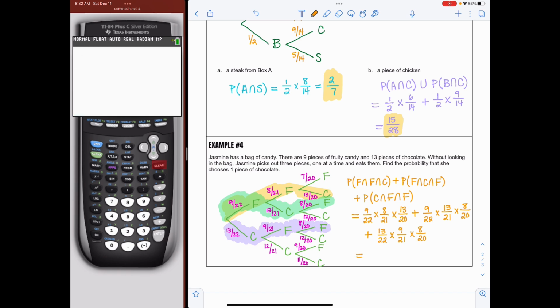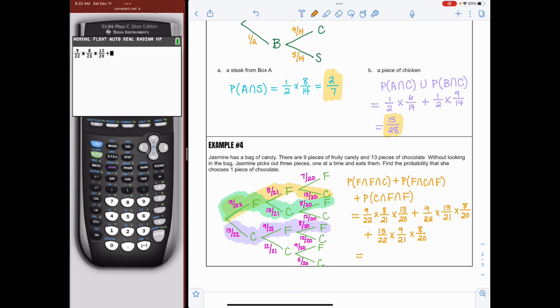So when I do that, I'm going to put that in the calculator. So 9 over 22 times 8 over 21 times 13 over 20.